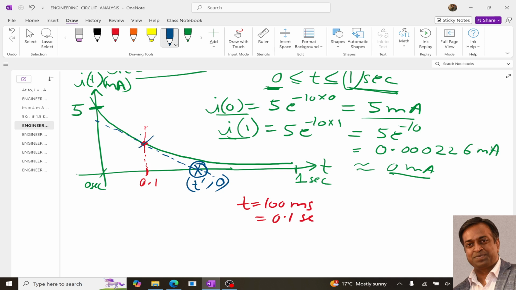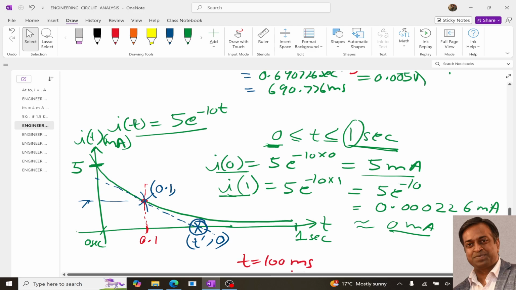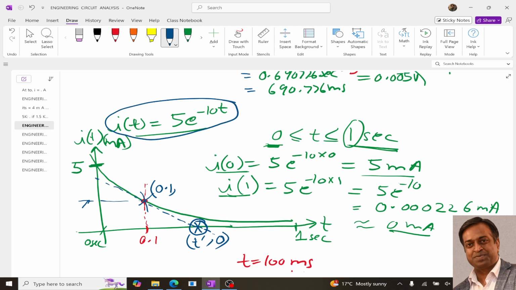Similarly, if I put the coordinates of this point where we need to determine the tangent, the point coordinate is 0.1 comma, and what will be this I? Now to get this value of I, we will use this formula. Over here I will substitute the value of t as 0.1, so it will be 5 e power minus 10 into 0.1, so it is 5 e power minus 1.